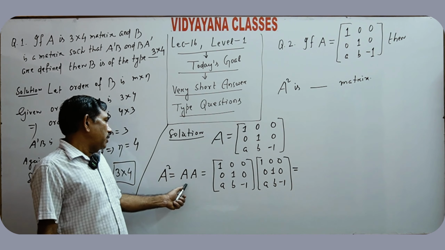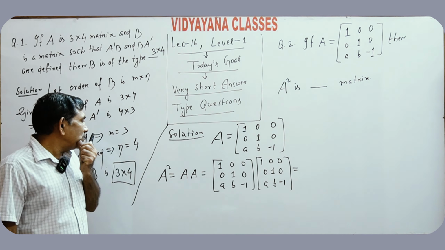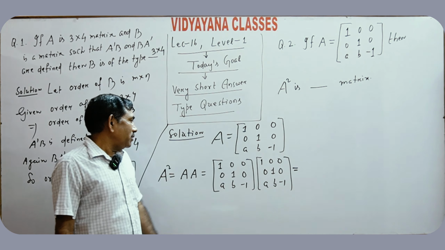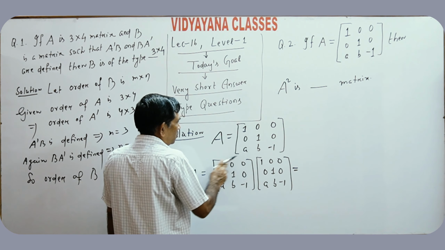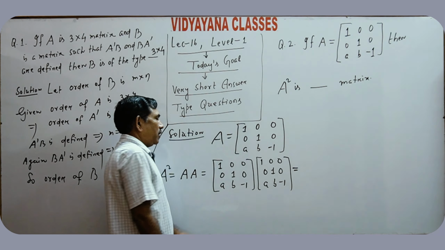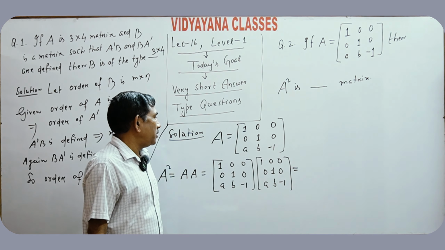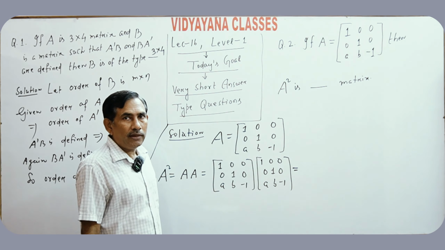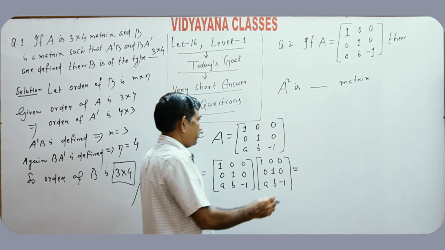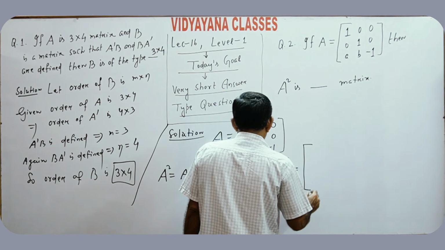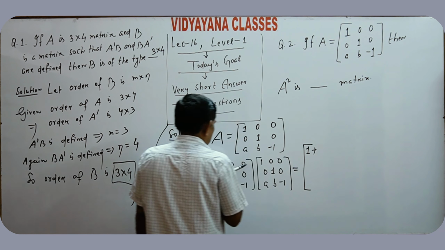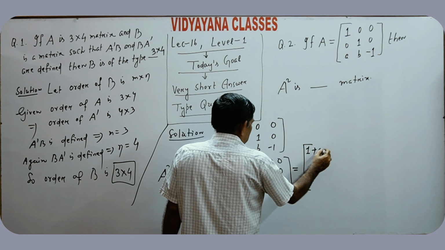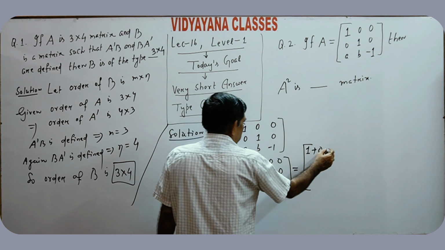By the matrix multiplication rule, go through row 1, come down in column 1, multiply the corresponding elements and add them. It gives 1 into 1, that is 1, 0 into 0, that is 0, 0 into A, that is 0.